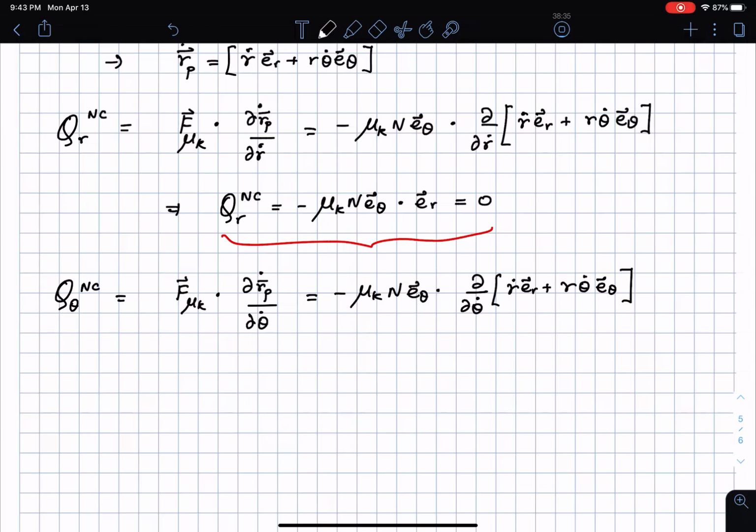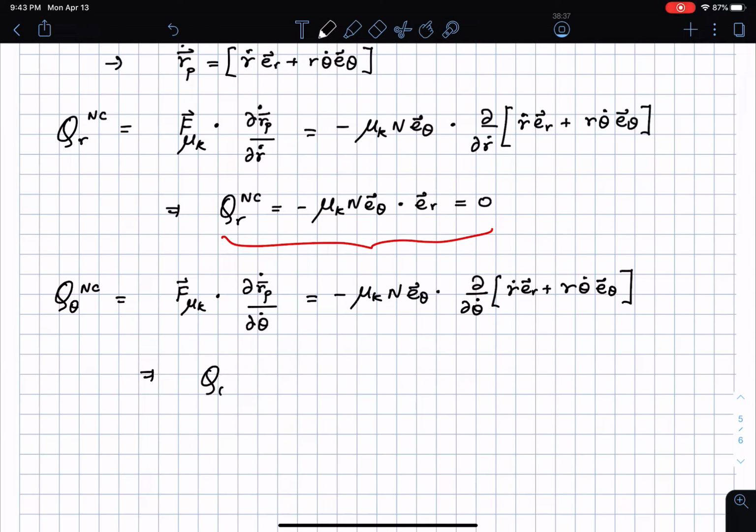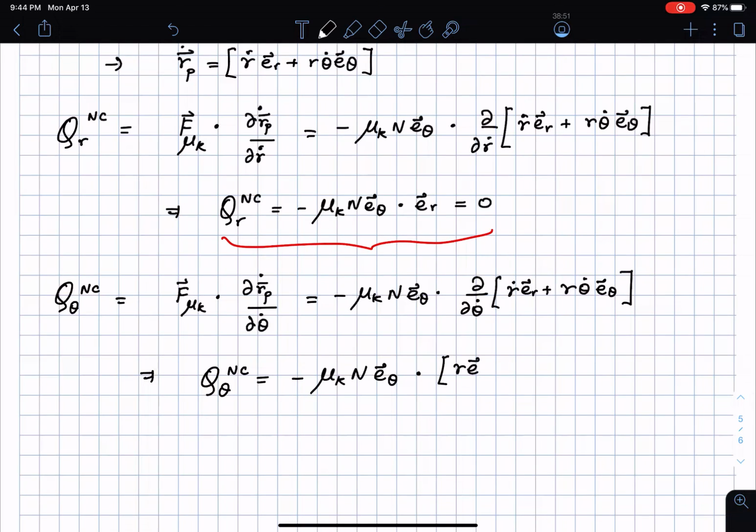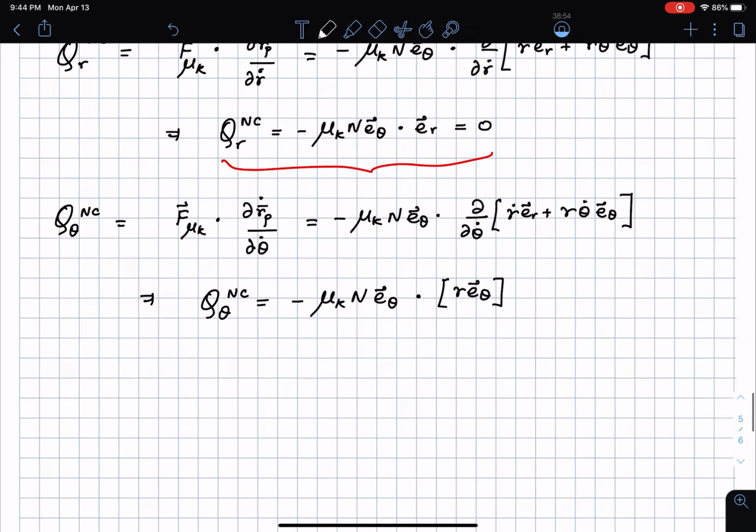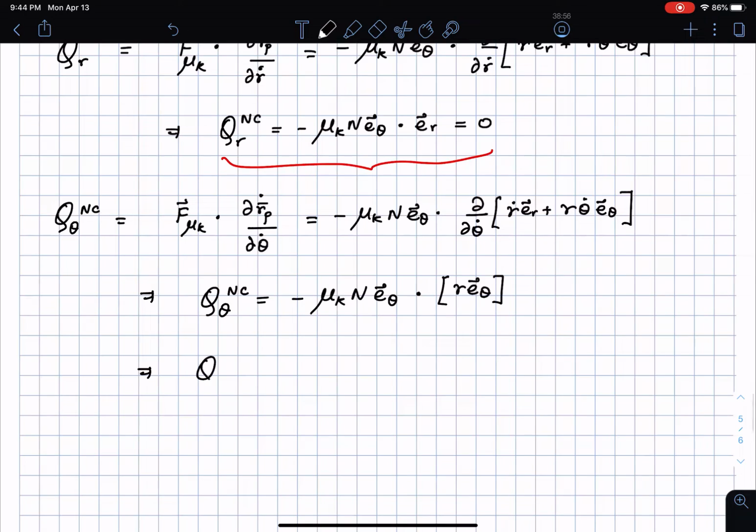You've got to be careful, this is going to be R times E theta. So Q theta NC is actually minus mu k times n times r.